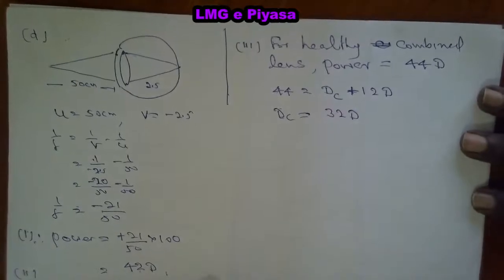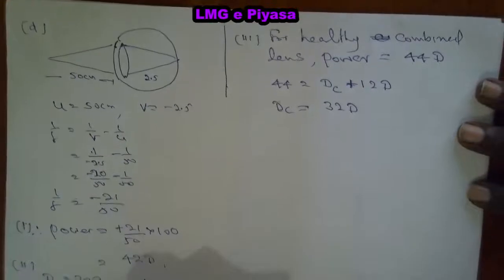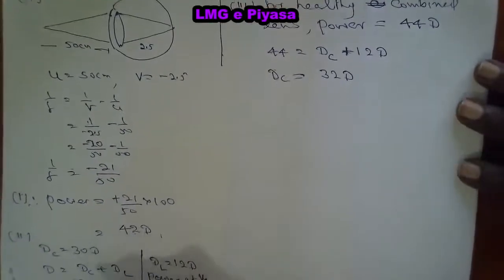Now, the current existing power of the cornea is 30 diopters, right?